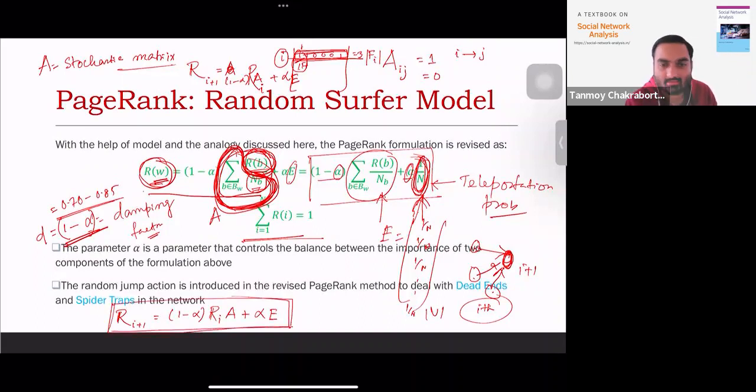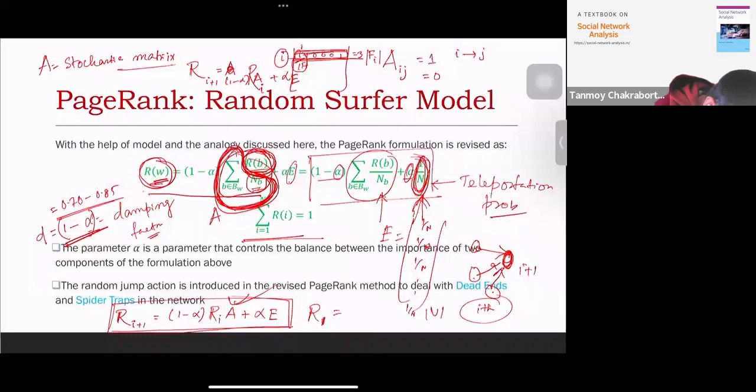So how do you start the page rank computation? We know A is static because this is a static network. In order to calculate R1, let's assume I equals 0. So R1 is 1 minus alpha R0 A, when I equals 0, plus alpha E. What is R0?